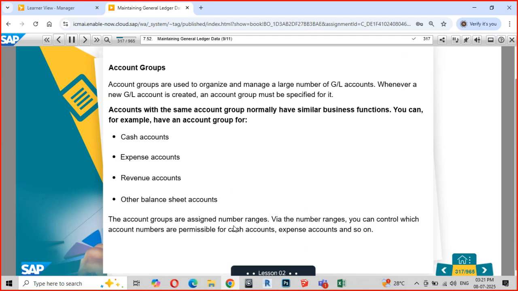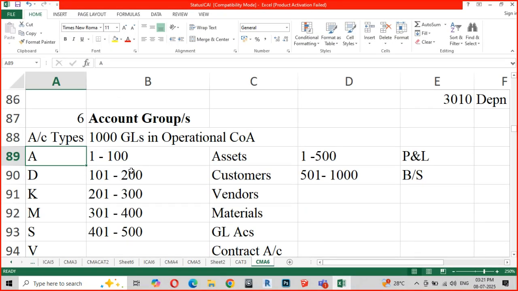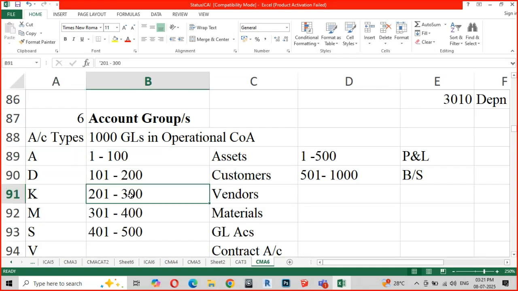Account groups are assigned number ranges. Just hold on. This is your number range. Simply say 1 to 100, 101 to 200, 201 to 300. They are referred to as your number ranges. Account number 1 to account number 100 is assets.